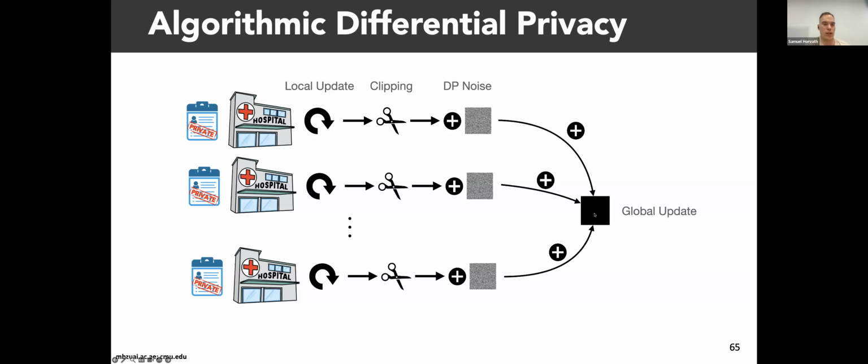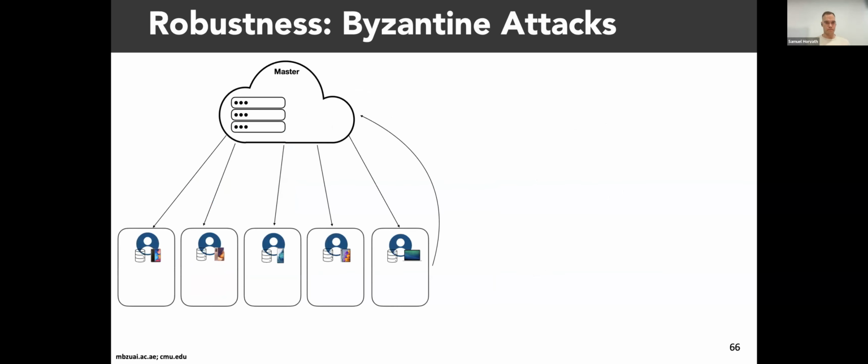You apply independent noise right here, and then perform simple averaging such that we can't reconstruct any of the local updates. But because these are independent zero-mean noise, the global update is close to the actual average, and you can show that your algorithm still leads to a meaningful model.